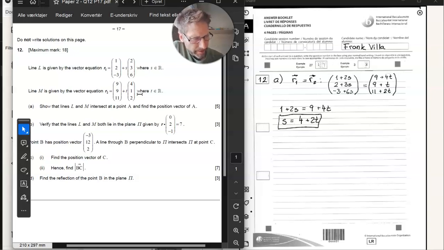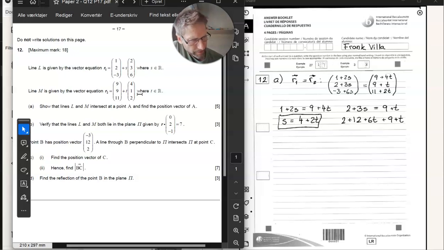Then I put this into the second equation. 2 plus 3s equals 9 plus t, and I substitute s. So it says 2 plus 3 times the stuff from here. That's 12 plus 6t equals 9 plus t.